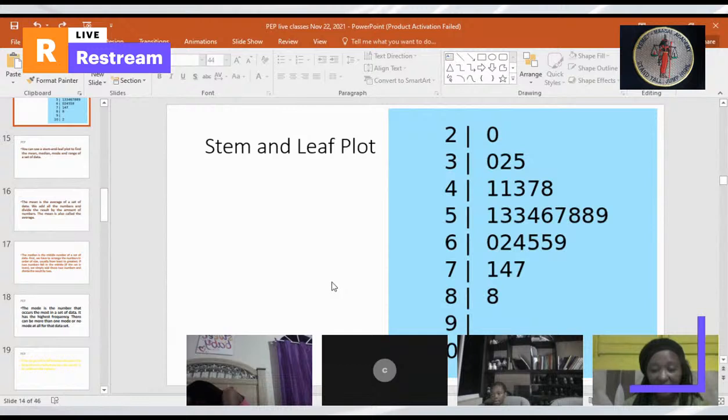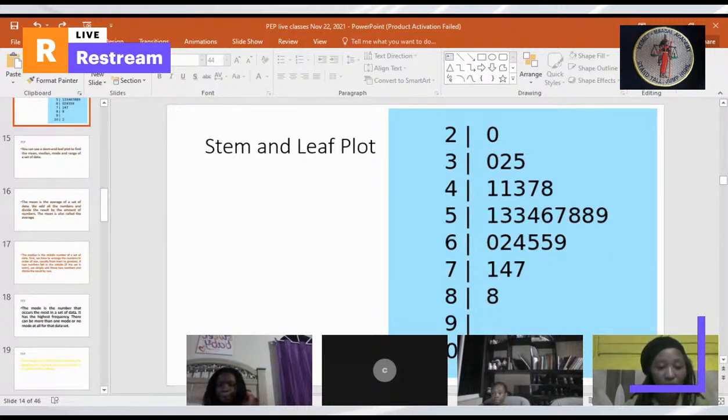For the 50s, 51, 53, 53, 54, 56, 57, 58, 58 again, and 59. And that is the pattern that we would follow. For the 9s, there's nothing in the 90s, so we just leave the 9 blank.